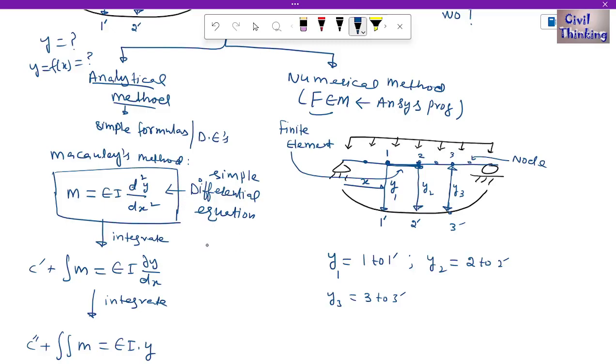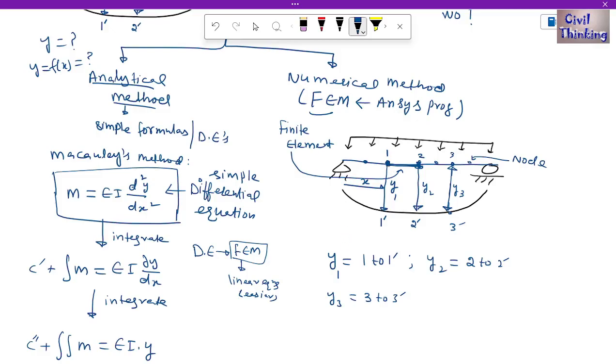The finite element method converts it into a set of linear equations, because linear equations are easier to solve than differential equations.